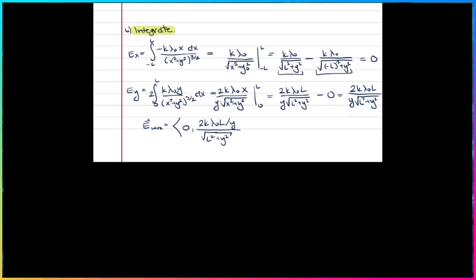That's all in the square root. That's the y component. And that is the E field at the point P, 0, y.